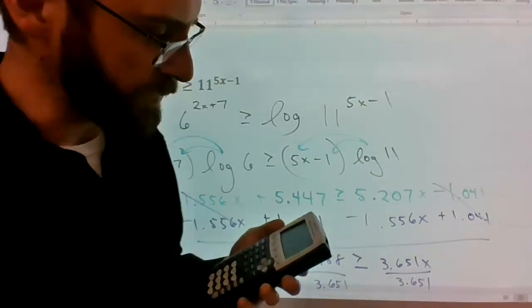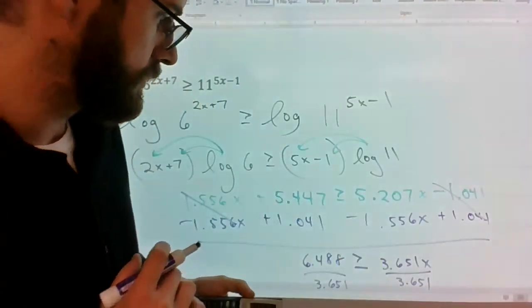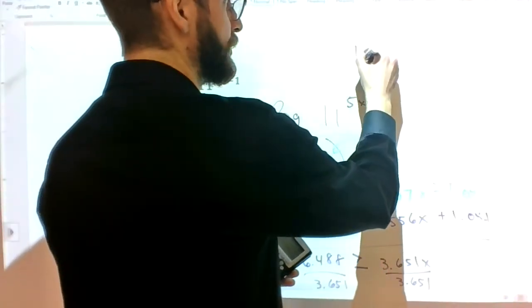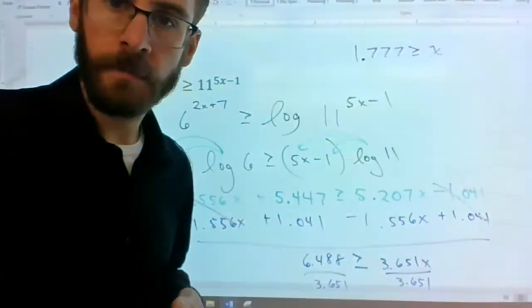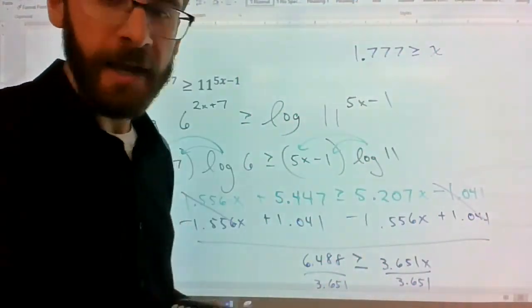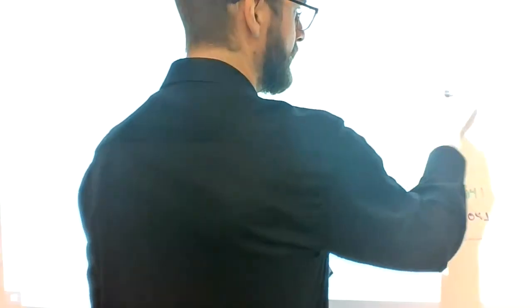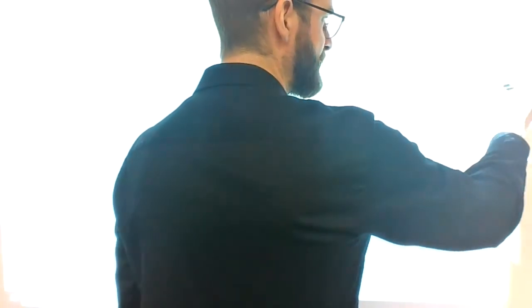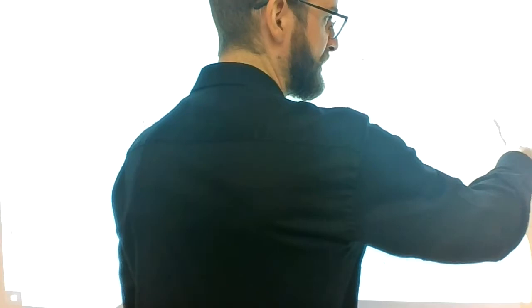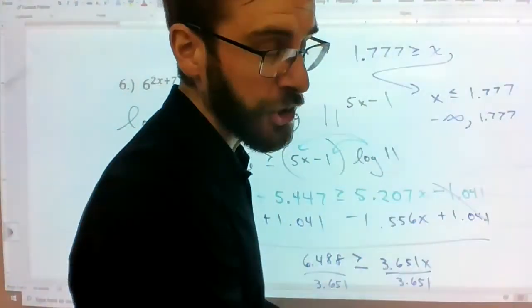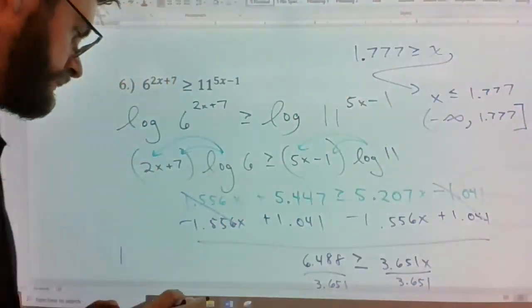All right, our final answer is 1.777 is greater than or equal to x. So keep in mind that this is the same thing as x is less than or equal to 1.777, which is negative infinity to 1.77-ish, and you would include whatever that exact value was.